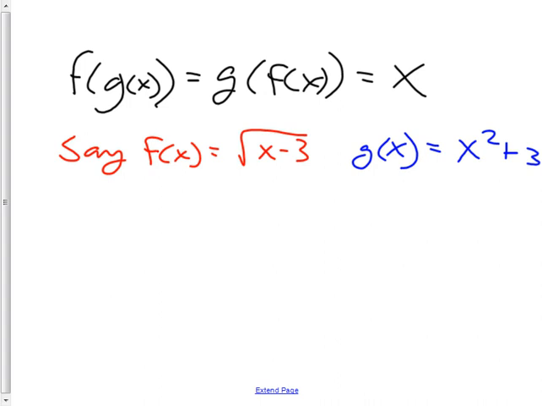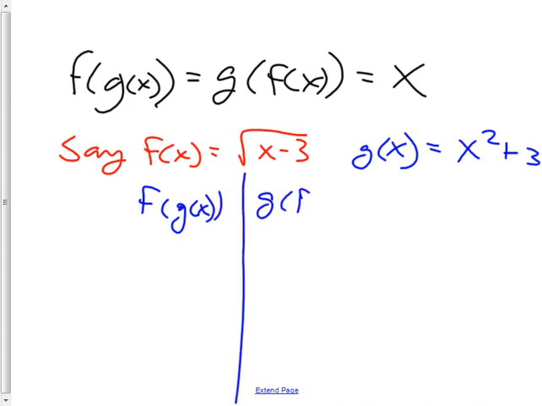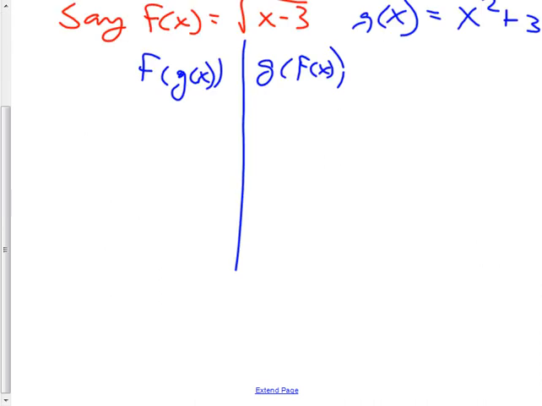Then, if these really are inverses, we should be able to set up f of g of x on this side of the line, and g of f of x on that side of the line. Wait a minute, oops, I only have one line. And then they both should come out to x at the bottom.